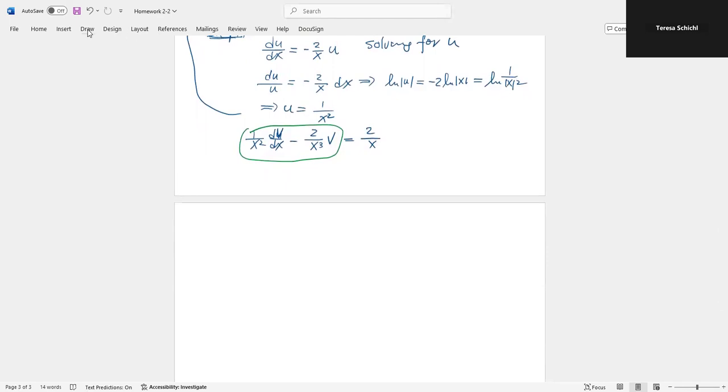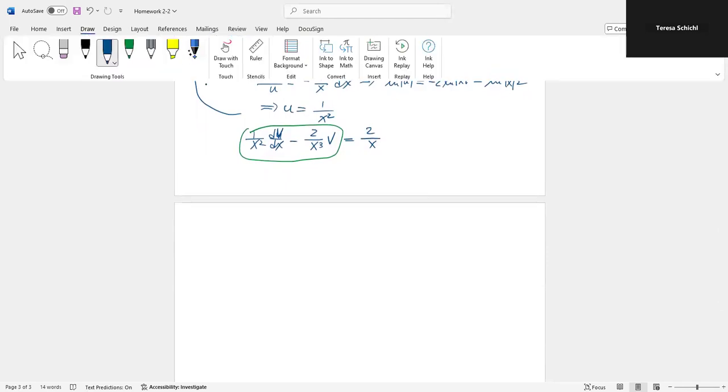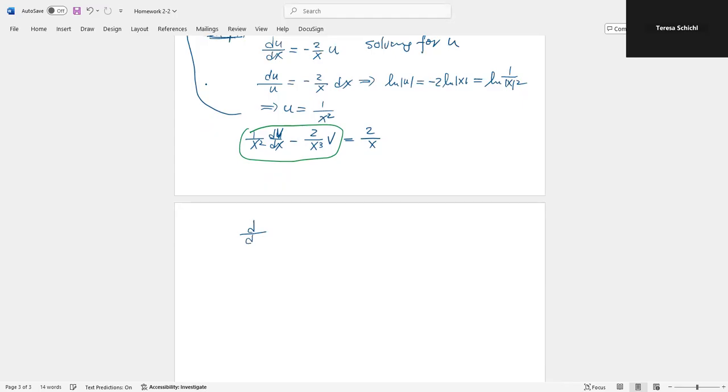So this one is going to become the derivative of 1 over x squared v. If you apply the product rule, you will get this integration.